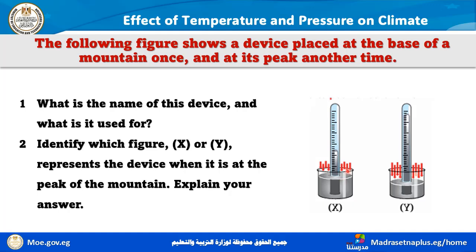Since there is less pressure at the peak and higher pressure at the base of the mountain, in the case of figure X, the mercury column is visibly lower. This is the height of the mercury column in figure X, and this is the height of the mercury column in figure Y. So there is less atmospheric pressure in figure X.